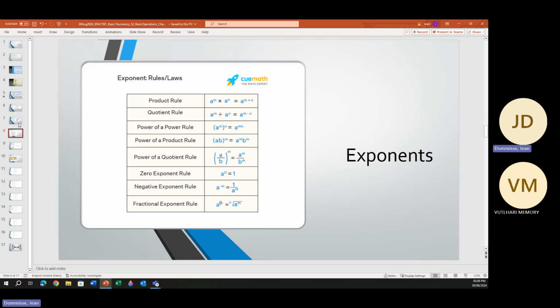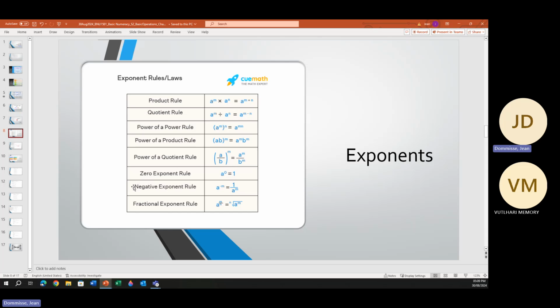Then what I also thought is important is that they talk about exponents, and sometimes in the study guide there's reference to the exponents and then one or two rules. So I wanted to include for you all the exponent rules.